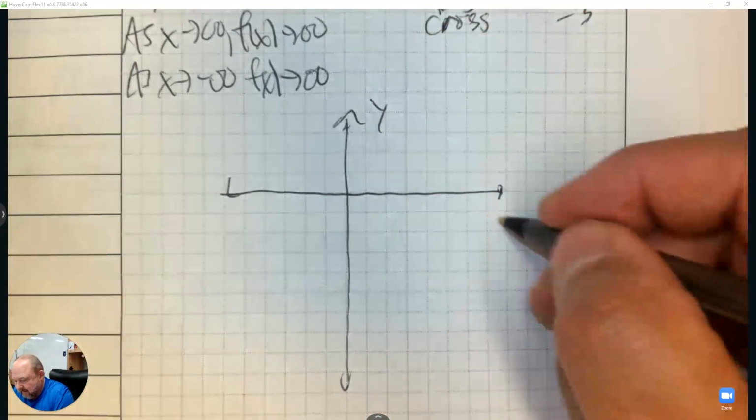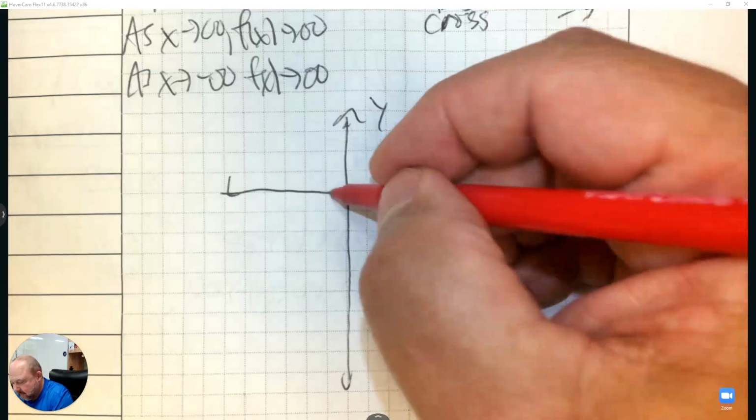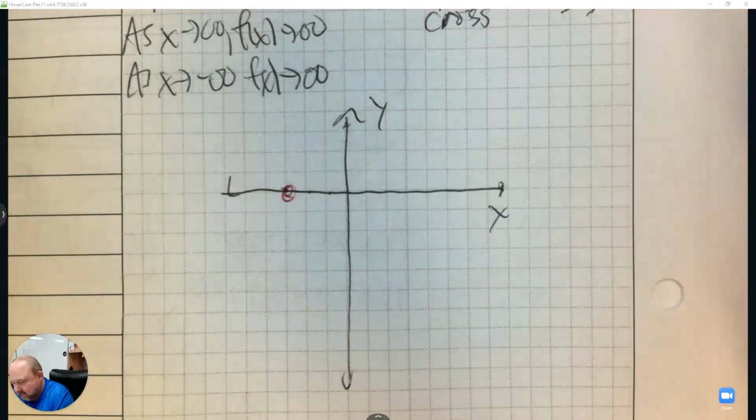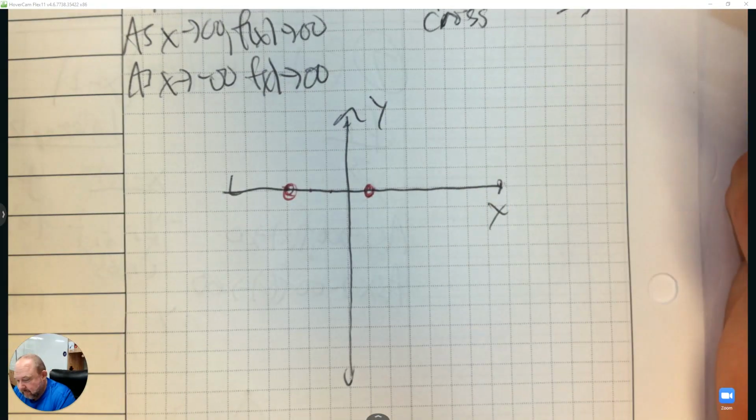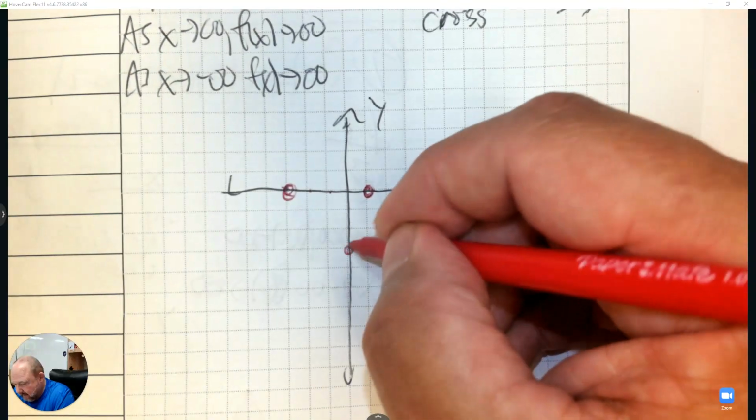So here's my graph. So I'm going to start with -3 and 1. And the y-intercept was at -3.